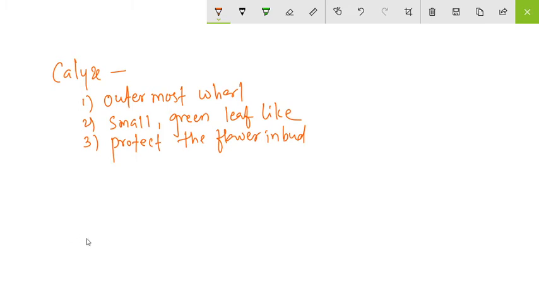Okay, sometimes it shows the different types of the colors, different types of the shapes. Okay, we will discuss it later. The sepals, they are free or united. Okay, the sepals may be free or united. Okay, so when they are free, they are known as the polysepalous.